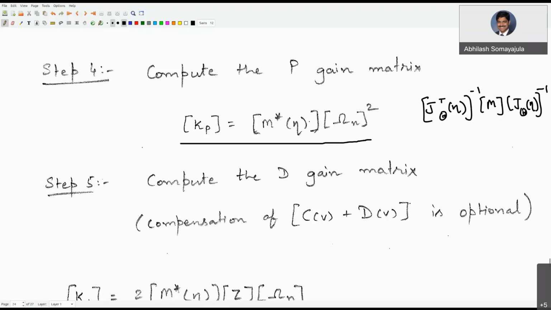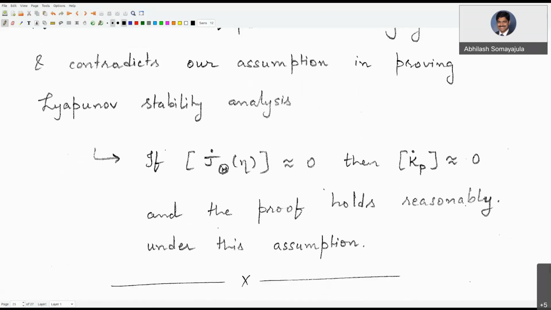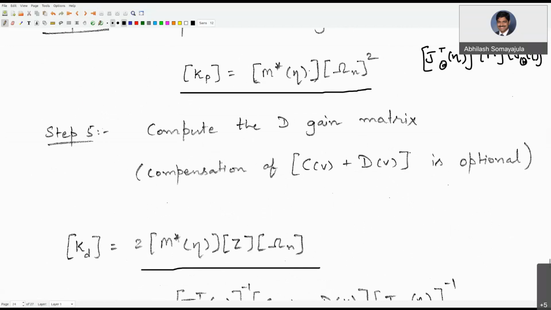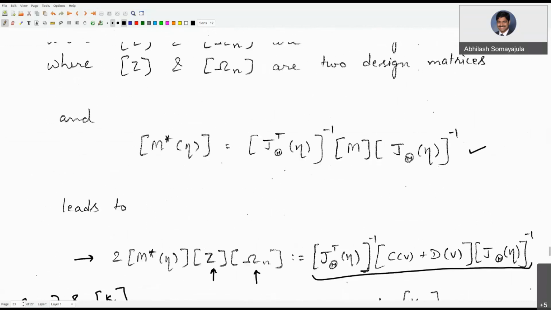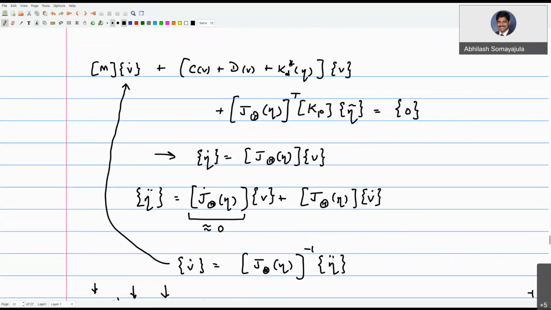So here is where we make the assumption that if J dot of theta is relatively small, then I can assume that Kp dot will be relatively small. And why am I able to do that? Basically, if you go back here, we are using the idea that J dot is relatively small in our Lyapunov stability anyway.